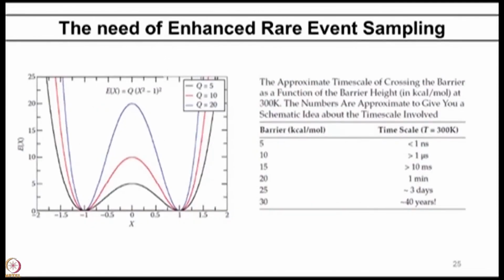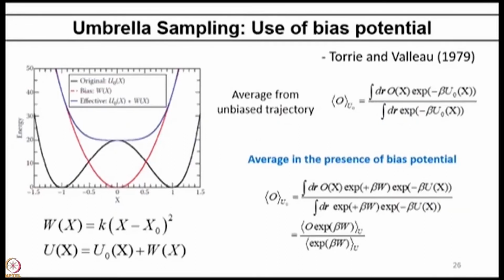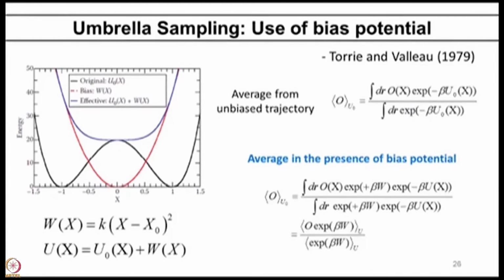This is the most important part, rare event sampling, where you do not otherwise get to the barrier region. It is shown in the table on the right side that if you go to a large barrier, you can take days to years to sample it. However, you can now devise a distribution like the one defined here, e to the power w(x), and that pulls you towards the barrier region, and the bias w(x) is shown here.